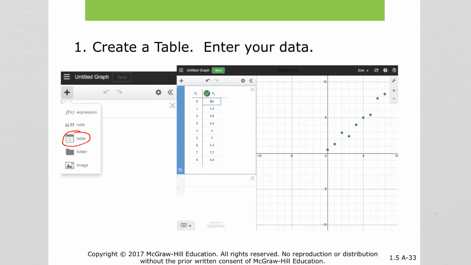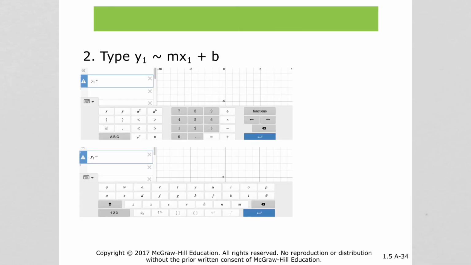So how do you find the best fit line or the line of regression? I've got the same thing on here twice, don't I? Oh well, ignore one of them.